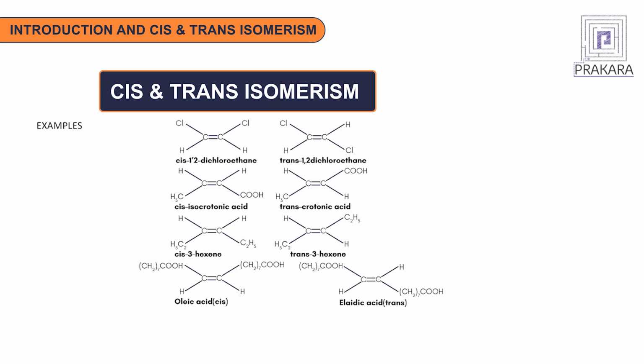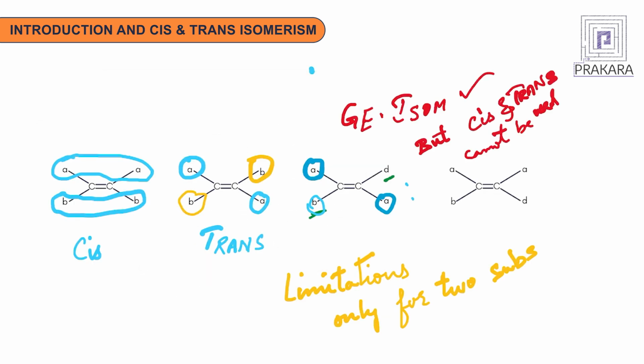So here it has given a few more examples for the understanding of cis and trans forms. We will discuss which sort of arrangement can be used for molecules that have three different groups on the same double bonded carbon. We will discuss that type after this cis and trans.